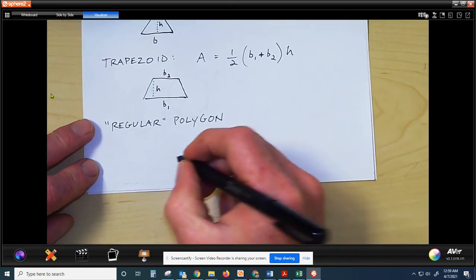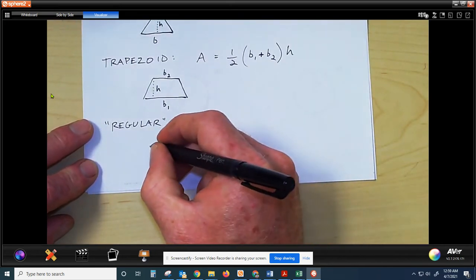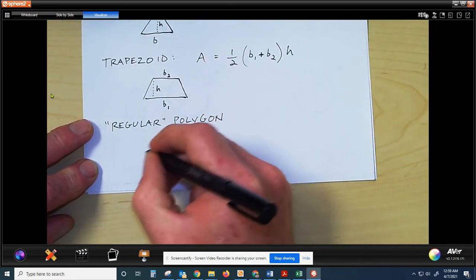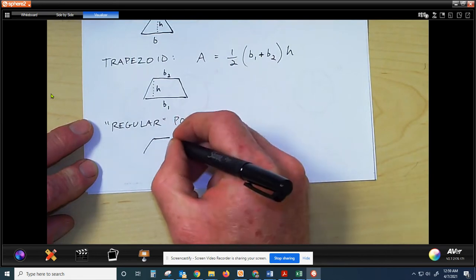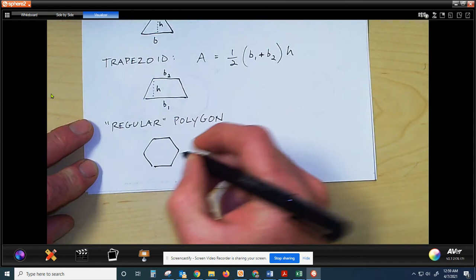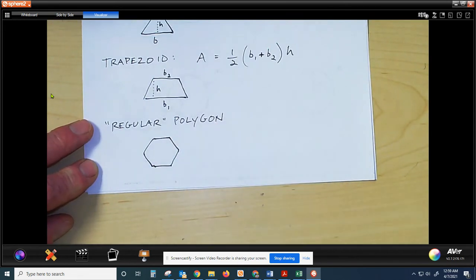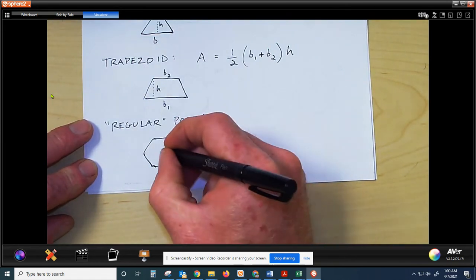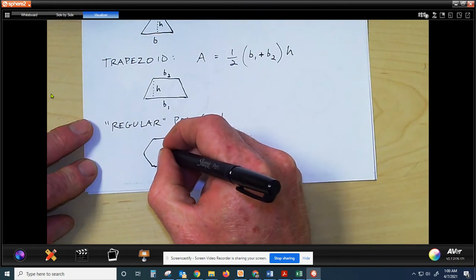Okay, so I'm going to try to freehand draw a hexagon here. I need 6 sides for a hexagon. Okay, that's not too bad. All right, here's a new term.